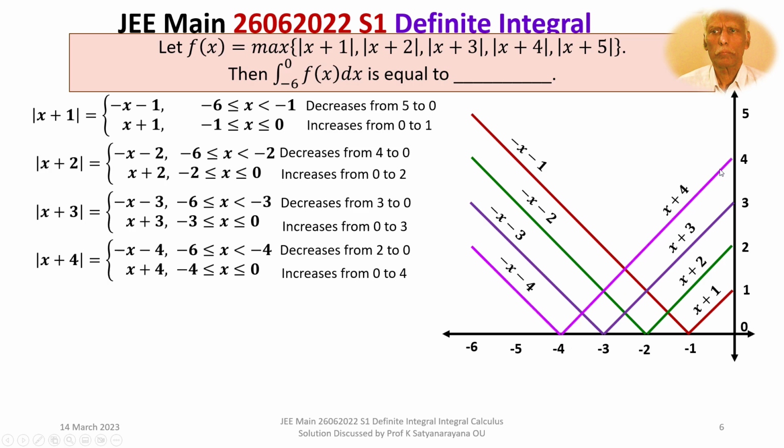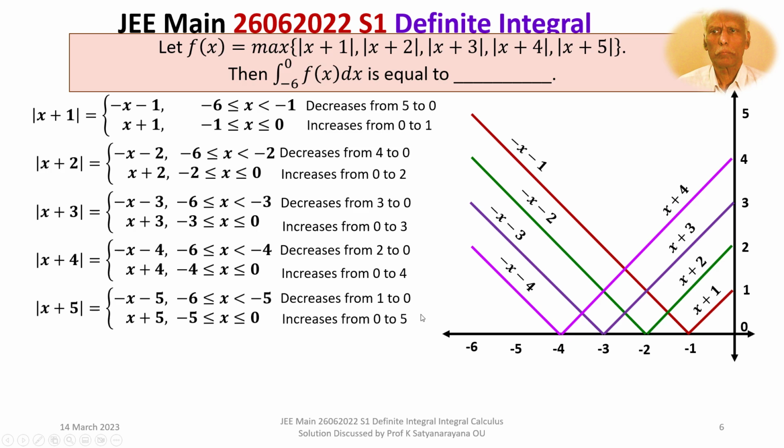Mod of x plus 5 likewise decreases from 1 to 0 and increases from 0 to 5. This is the graph of it, not to scale. We discuss further in the next slide.